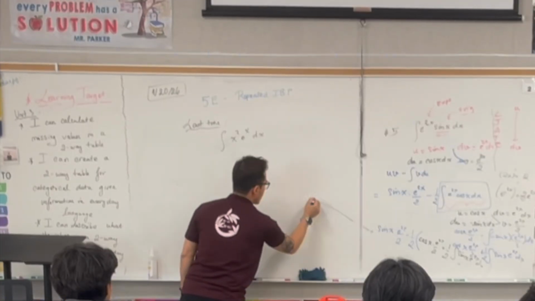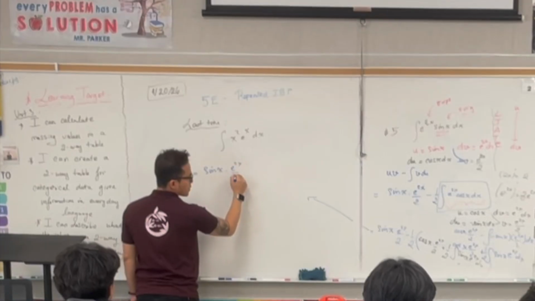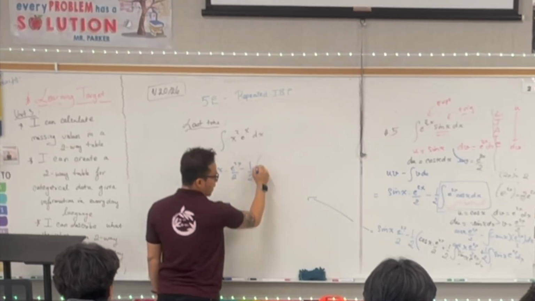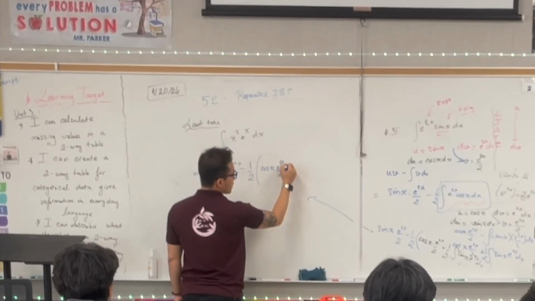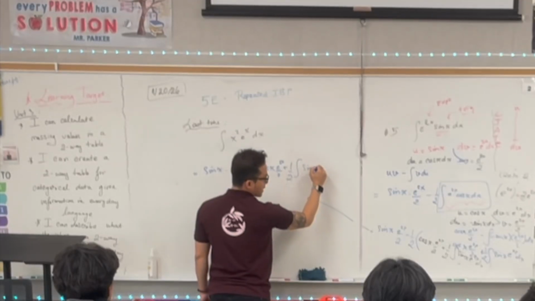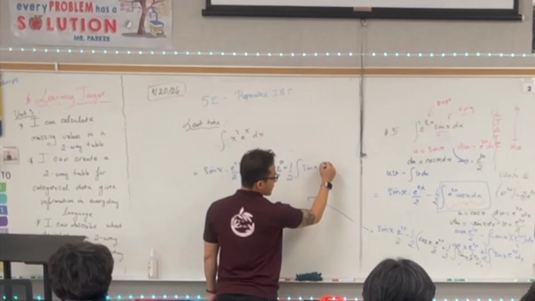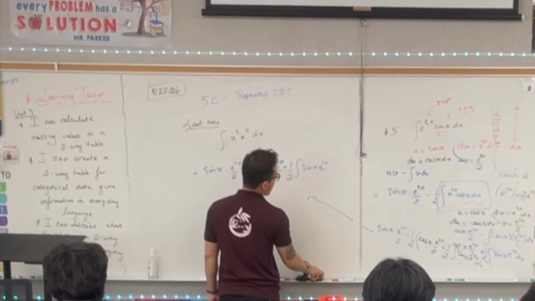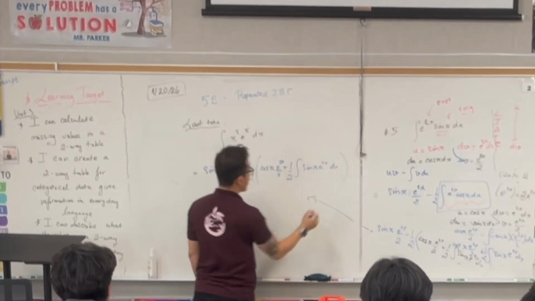I'm going to write this one over here: sine x e to the 2x over 2 minus 1/2 parenthesis cosine x e to the 2x over 2 plus 1/2 integral of sine x e to the 2x over 2 dx.